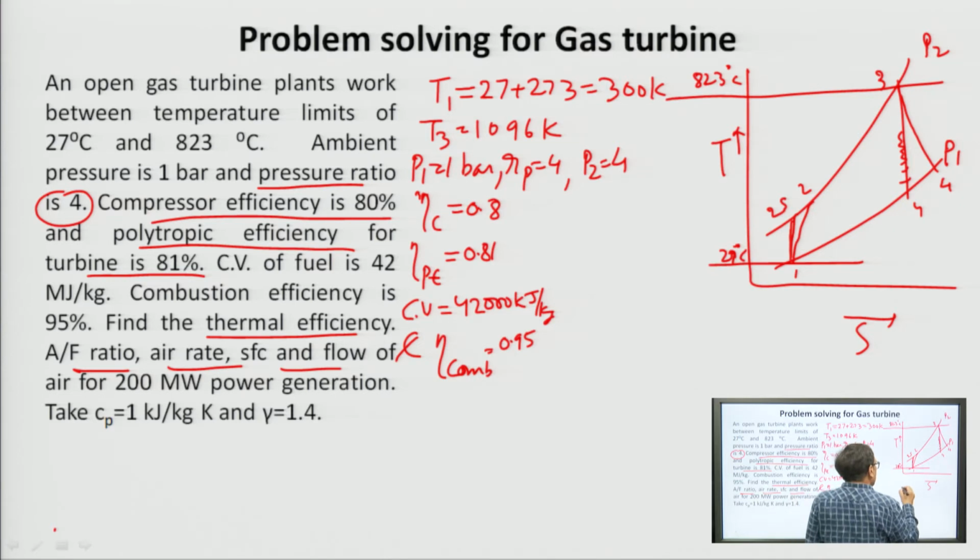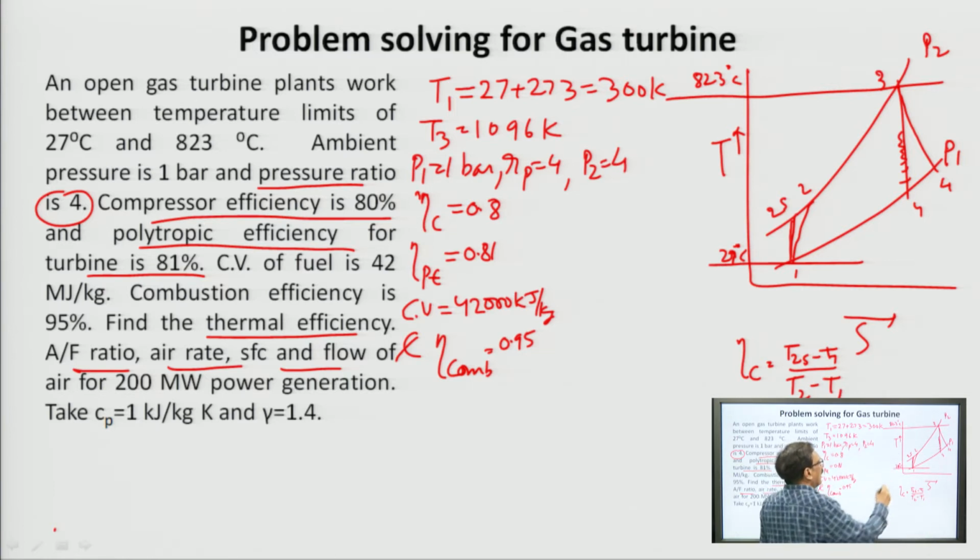We have discussed that the isentropic efficiency of compression is equal to T2s minus T1 divided by T2 minus T1. How will you find out T2s? This is the isentropic compression. What is the adiabatic relationship that we have known? From there we can find out the values.